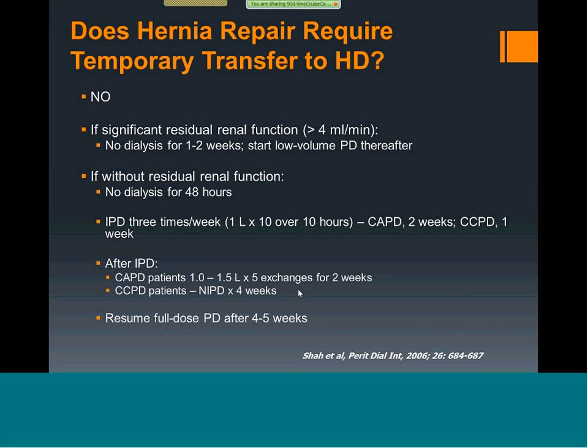So the reason why large programs do better, it's only my opinion, I don't know if that is the case, is because large programs have sorted out the issues that are problematic for PD programs in general. They may have identified a surgeon who does a good job of putting in catheters. They would have figured out that patients that have hernia do not need to be transferred to hemodialysis, or have in place a better process for CQI.